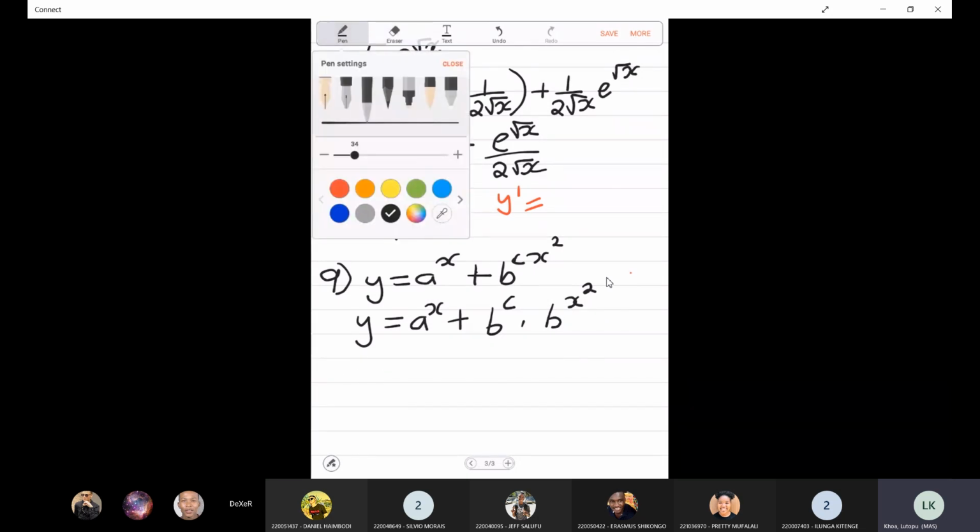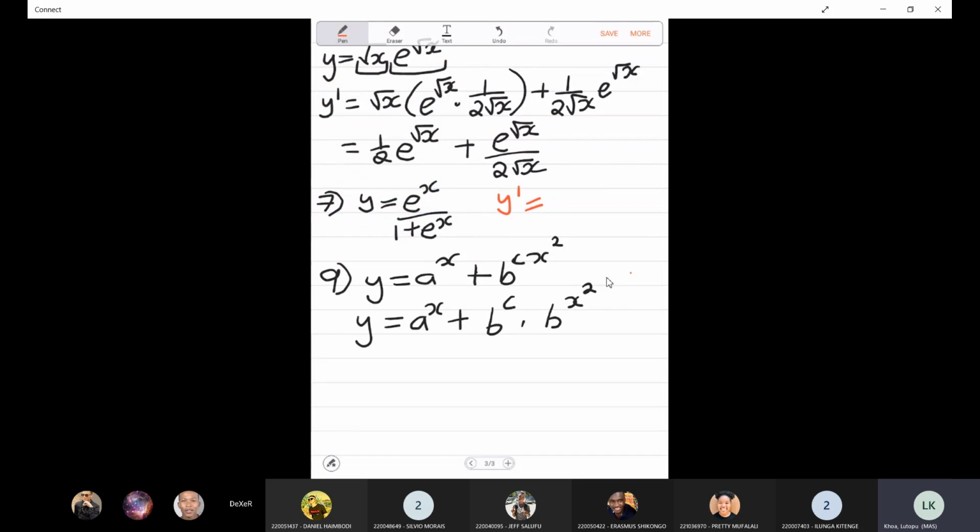So something you need to remember is that if I have a to the power of b, I can always rewrite this as e to the power of something, and then working out e to the power of something, finding its derivative is very simple to do.